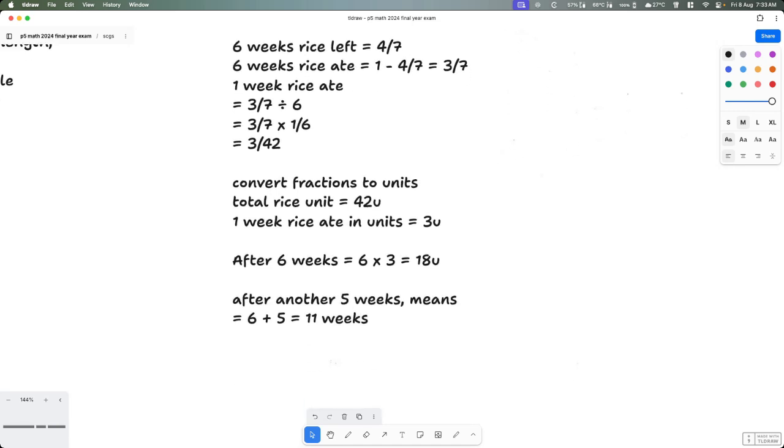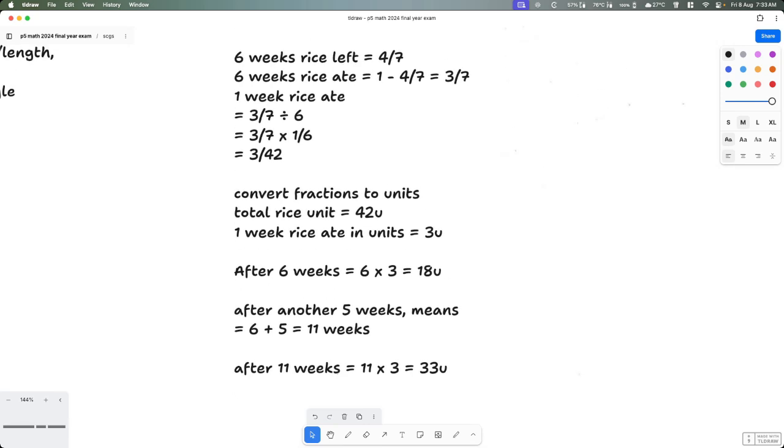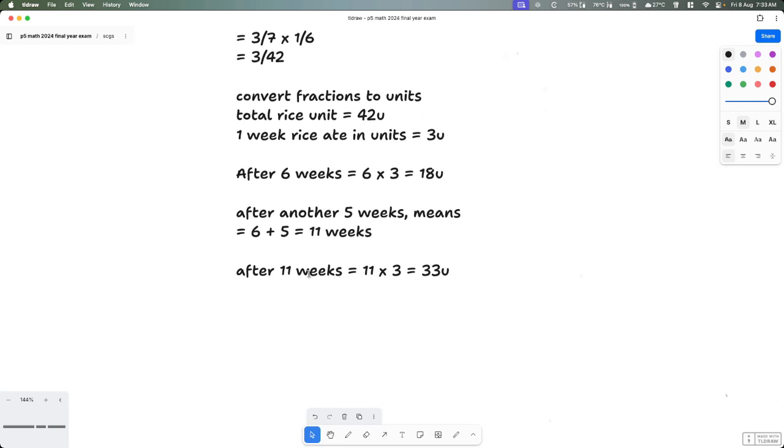So that means after 11 weeks, it's equal to 11 times 3, which is basically 33 units. So after 11 weeks, rice ate in units is 33.